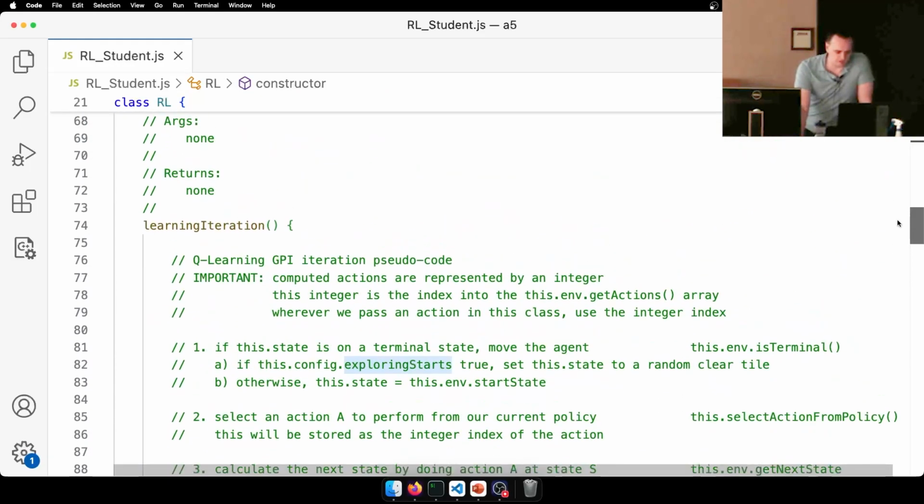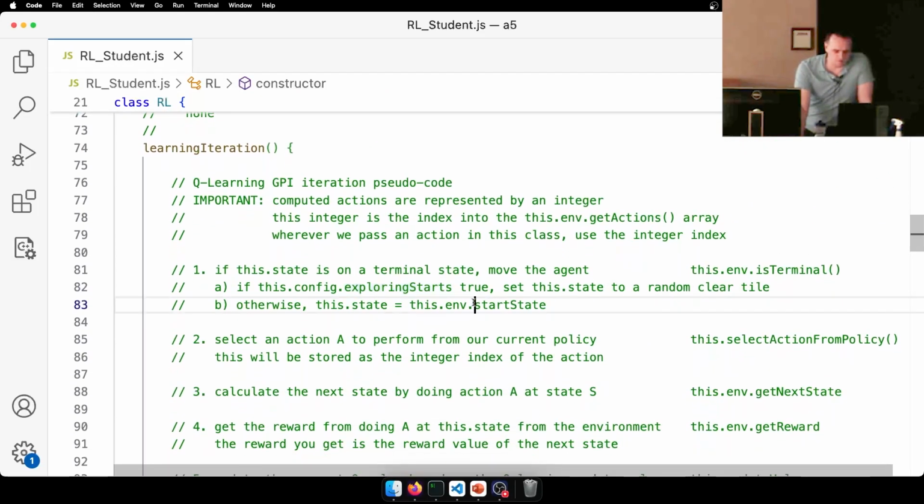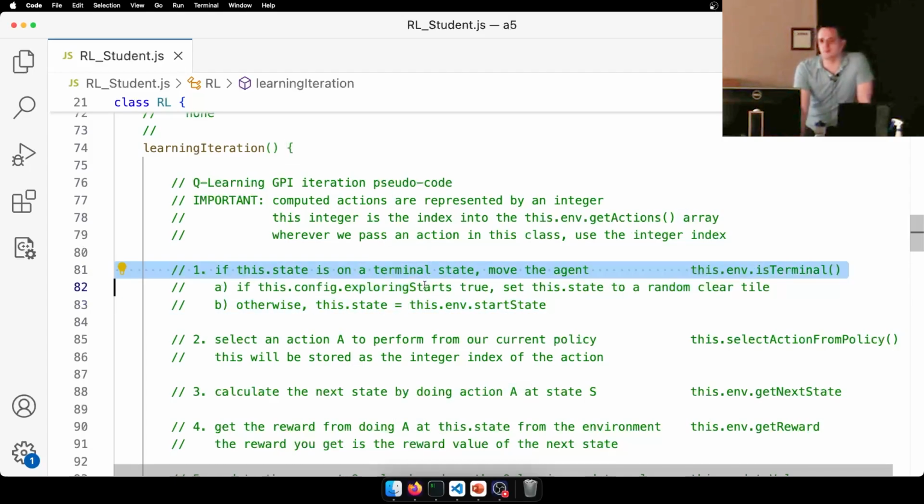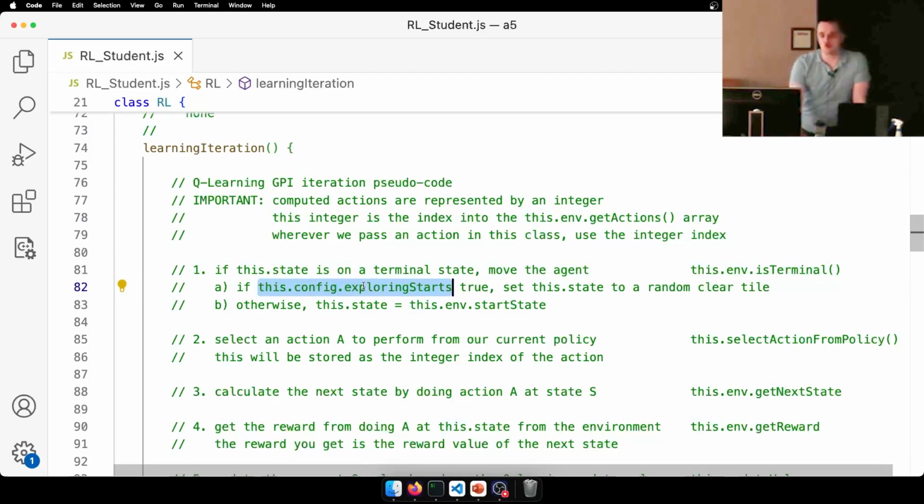Exploring starts matters when we've reached a terminal state. When I explained the assignment the first time, I said just set it back to a random clear tile. Now you're going to check if exploring starts is true, and do that. Otherwise, this is literally the line of code that you have to write: this.state is equal to this.env.startState. That's a new variable that I put into the environment.